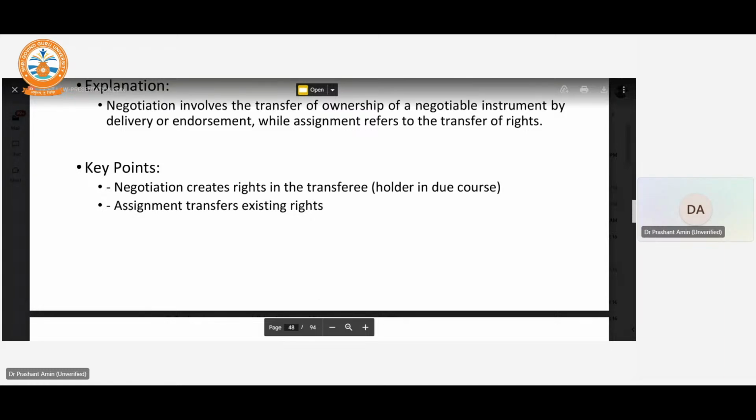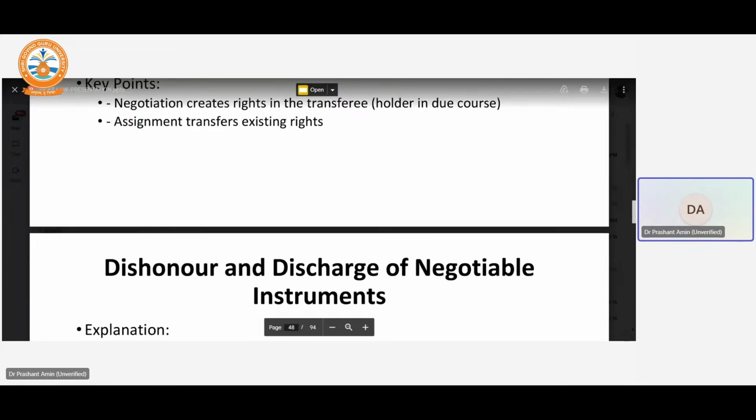Negotiation creates the right in the transferee, the holder in due course, and assignment transfers the existing right. Right means hak, in Gujarati we call it hak. So assignment is transfer of whatever existing right we have. So that is the idea.